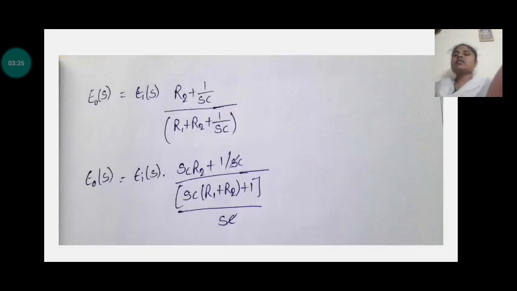Eo(s) equals Ei(s) into (R2 plus 1 by sC) by (R1 plus R2 plus 1 by sC). Eo(s) equals Ei(s) into (sC R2 plus 1) by sC, over sC into (R1 plus R2 plus 1 by sC). Here we cancel the sC.